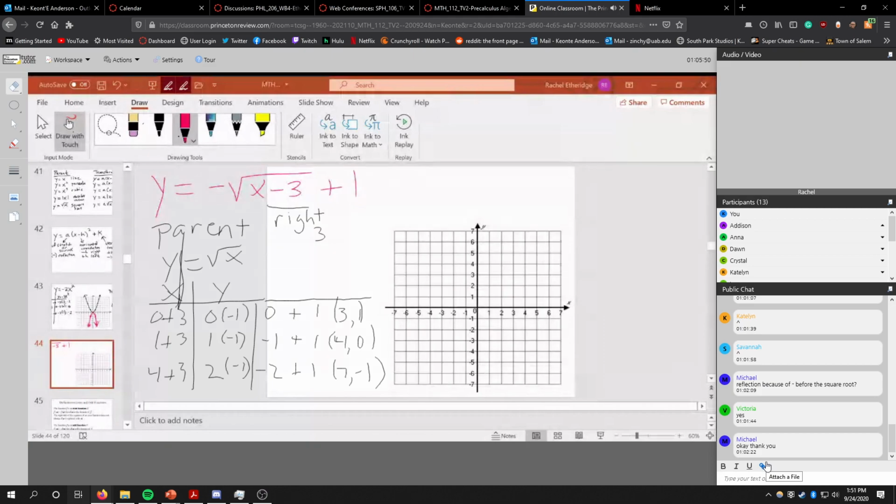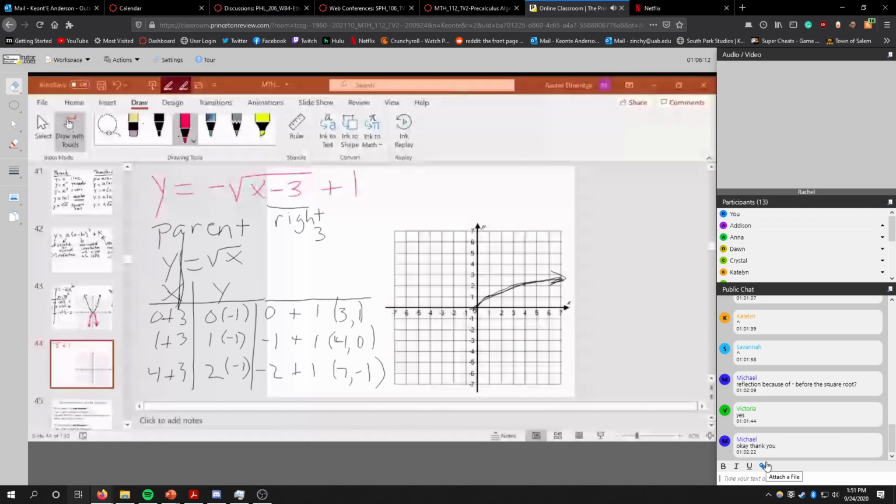But anyway, my parent graph was, we said 0, 0, 1, 1, 4, 2. My transformed graph was a reflection, a shift to the right, and a shift up.